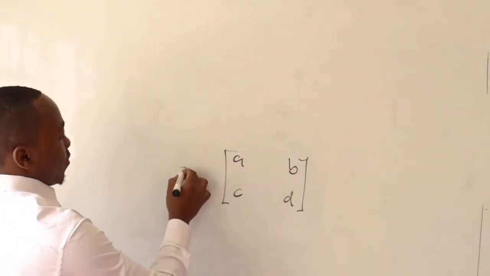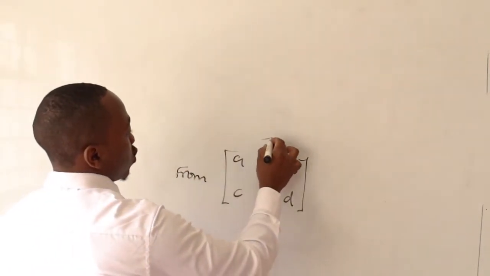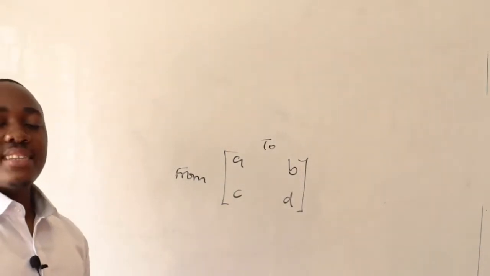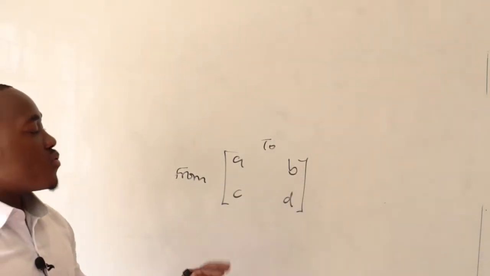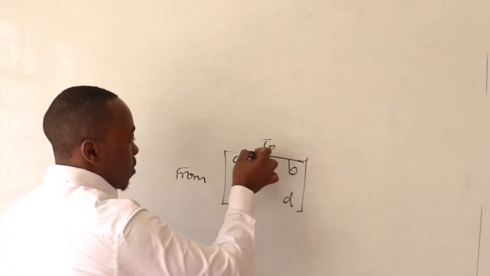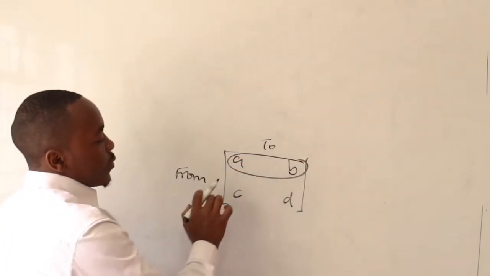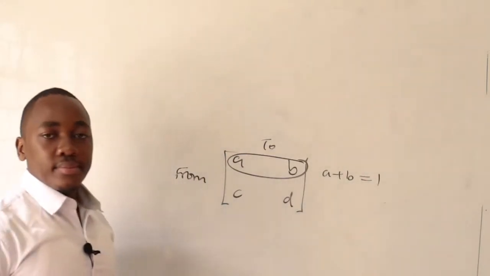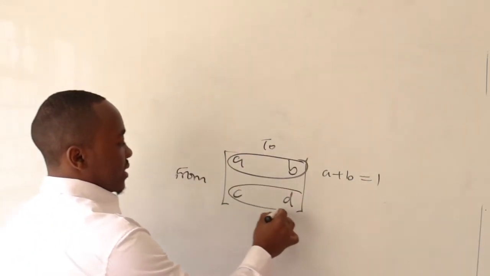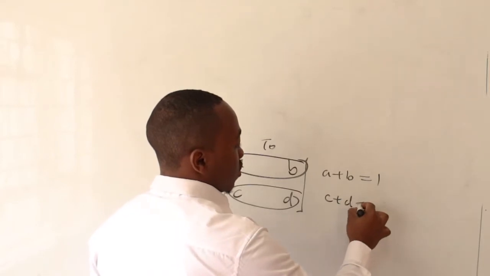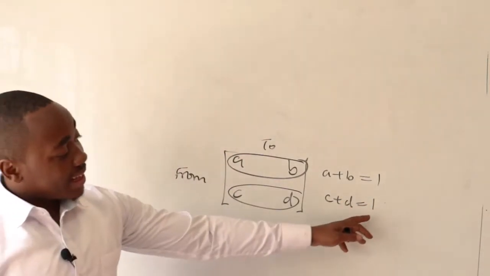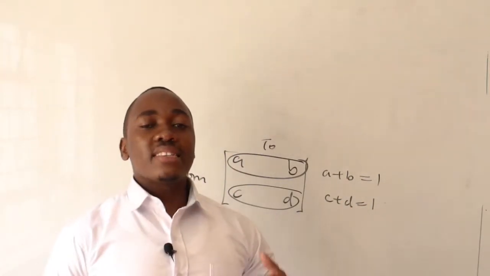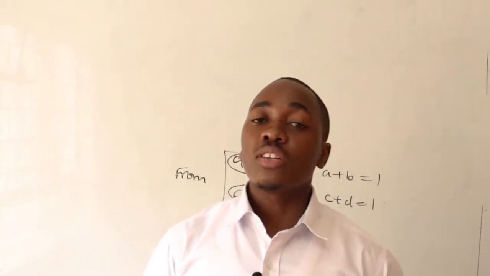remember we are saying that we are moving from one state to another. One of the characteristics is that the summation of row elements, this is our row, if you add A plus B, you should get 1. If you add C plus D, you should also get 1. So the summation of row elements should always equal 1.